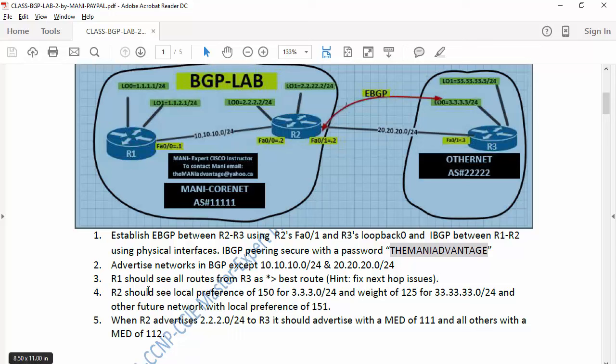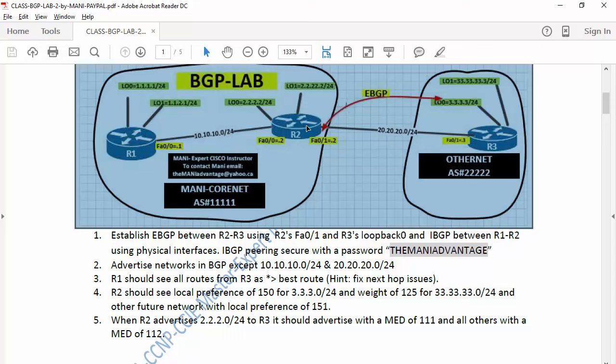Then after that, we go to steps number 4 and 5. We are going to play with some attributes, so we are going to see the attributes. When R2 receives route 3.3.3.0, it should see it with a local preference of 150. But when it sees 33.33.33.0, it should see it with a weight of 125. Any other future route should come with a local preference of 151.